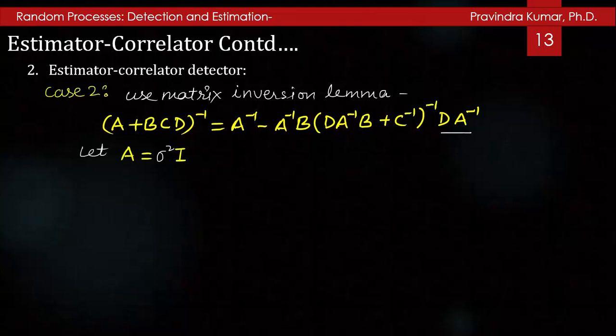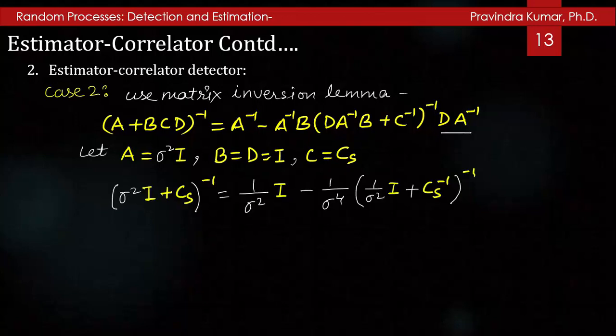Let here A equal sigma square I, B and D equal to the identity matrix, and C equal to Cs. Then the inverse of the matrix sigma square I plus Cs is equal to 1 by sigma square I minus 1 by sigma to the power 4 into the inverse of the matrix (1 by sigma square I plus Cs inverse).